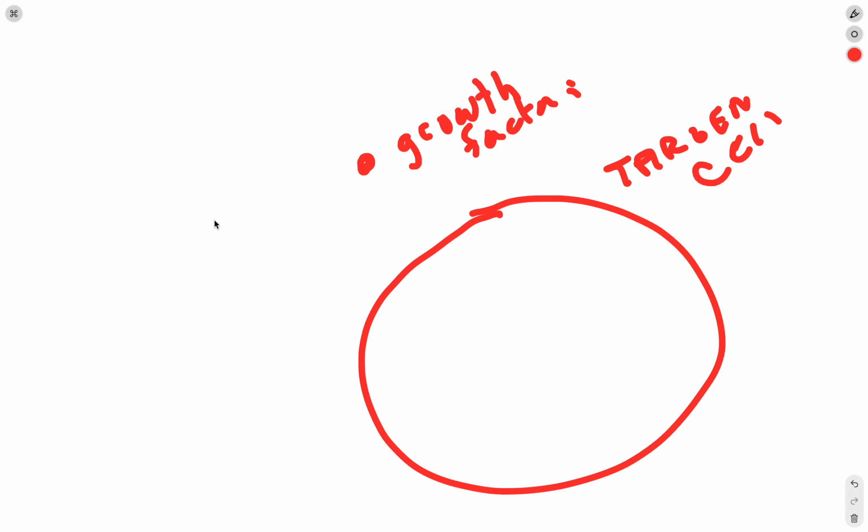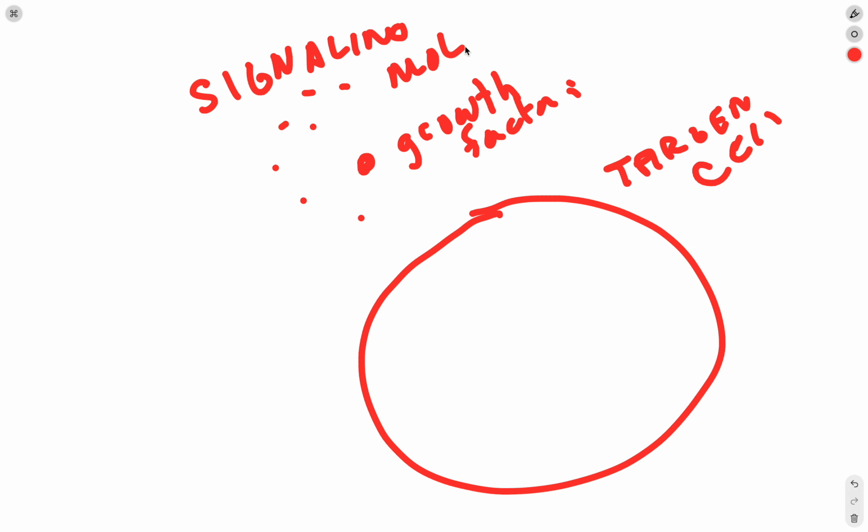In general, we could call this a signaling molecule or a signaling factor. There are lots of different categories, and in different areas of biology, a different feature is emphasized, and sometimes there's different terminology.